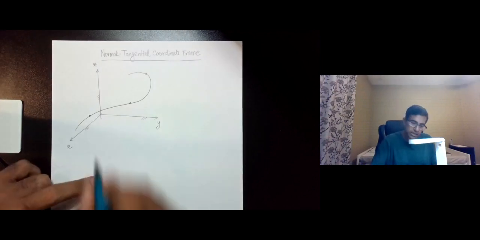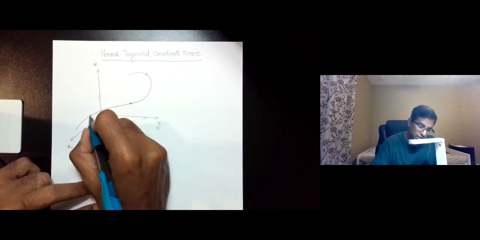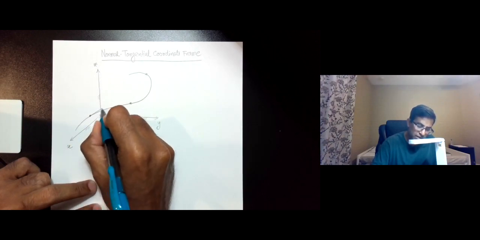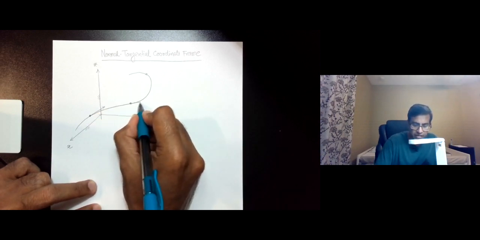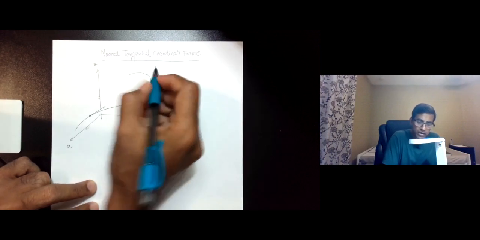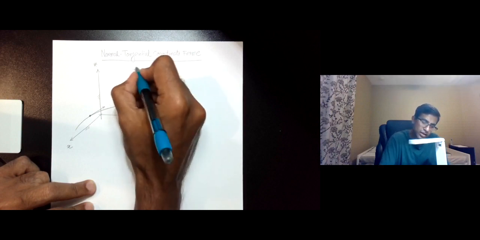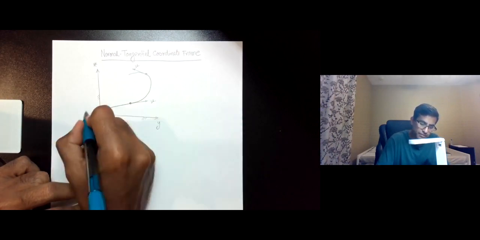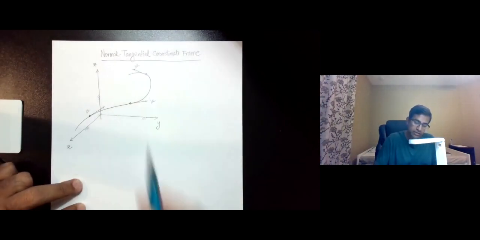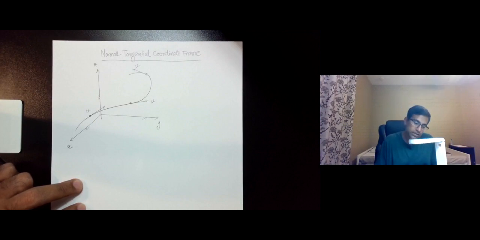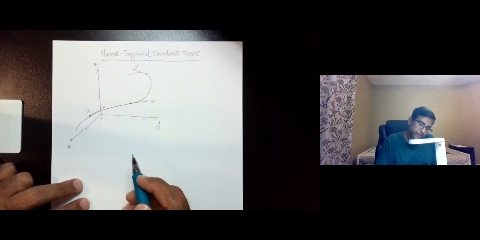Now one thing that you can see is that when the particle is here and it is traversing this trajectory, it's got a velocity like this. When the particle is here, its velocity is like that, and when it is here, its velocity is like this. And of course the velocity can change. So these are velocity vectors at different locations as the particle traverses this trajectory.